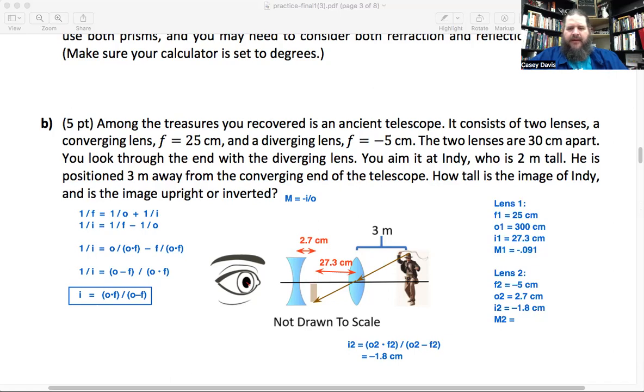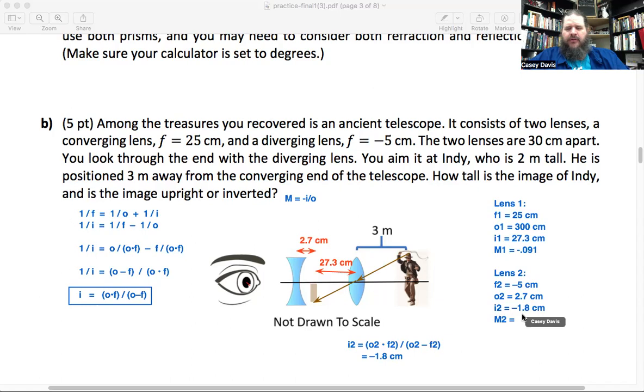That should work, we can treat that as a fraction. It's just 91 over 1,000. So that means image 1 is going to be 91 1,000ths of the guy's actual height and upside down because of the negative sign.